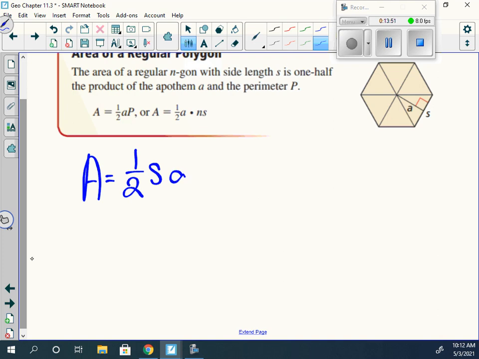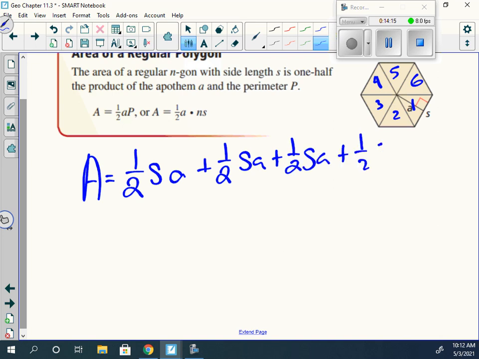Now, as I said earlier, we're really breaking this polygon up into triangles. So the area of one of those triangles would be 1/2 the apothem times the side length. So that would be that triangle there. So we have 1, 2, 3, 4, 5, 6 of them. 1/2 the side length times the apothem, plus 1/2 the side length times the apothem, and so on. Right, because I've got the same thing added 6 times.